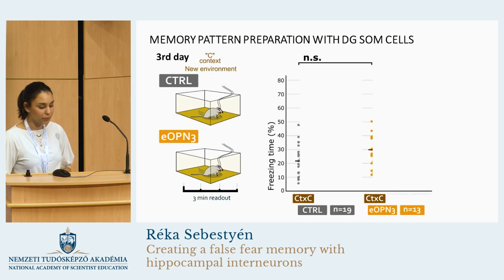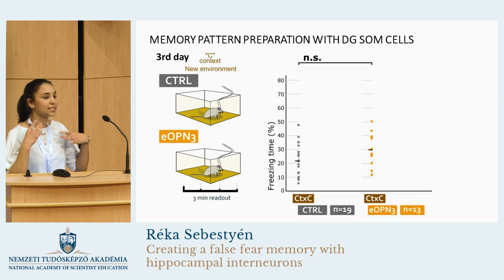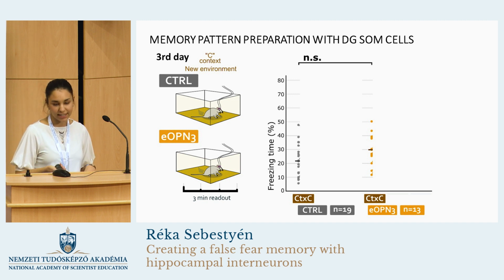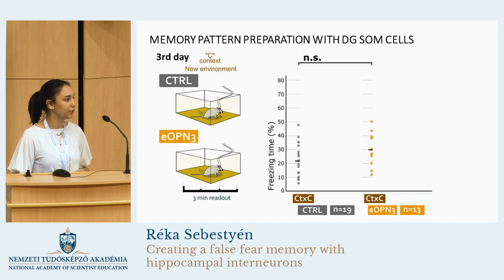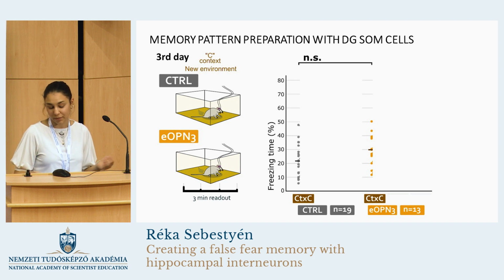So first of all, we placed them into context C, which is once again a completely novel environment, and as a control, we detected their generalized fear and found that both the control group and the EOPN3 containing group displayed similar low generalized fear. So there was no difference because it was a new environment.